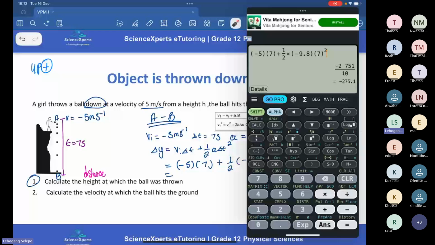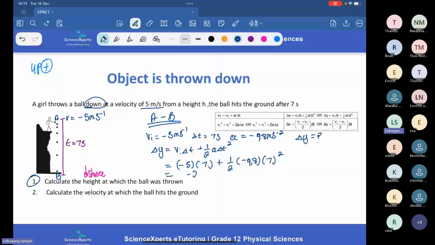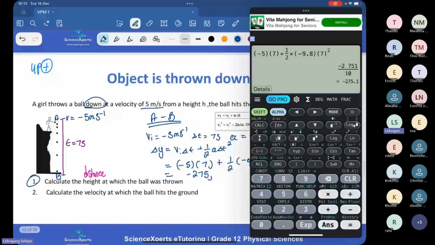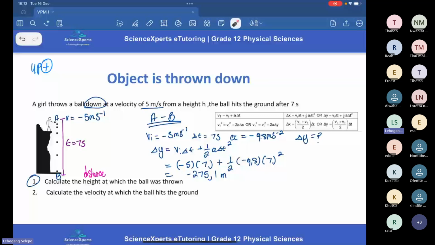All right. So negative 275,1 meters, right? This value is negative because the formula calculates displacement, not distance.